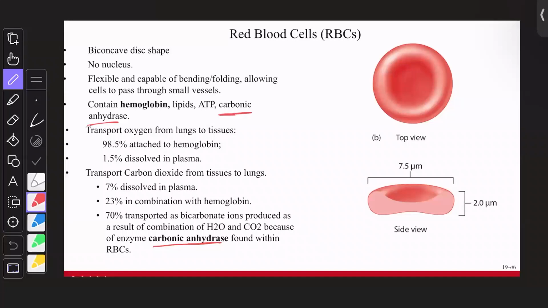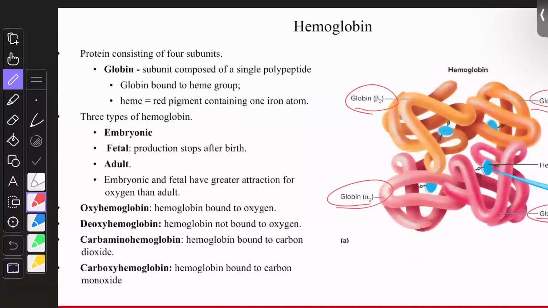So in order for the fetus to have as much of that available oxygen as possible, the fetal and the embryonic hemoglobin are more attracted to that oxygen. So even at very low levels, that hemoglobin is picking up all of that oxygen.